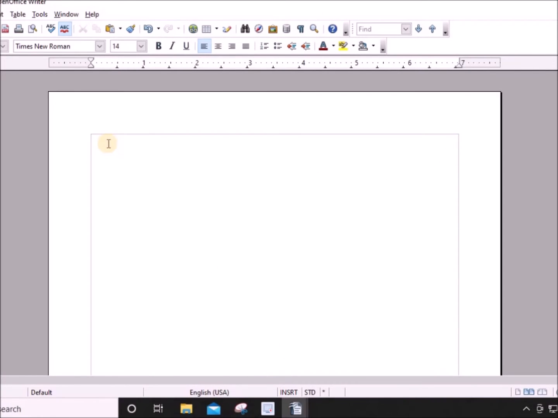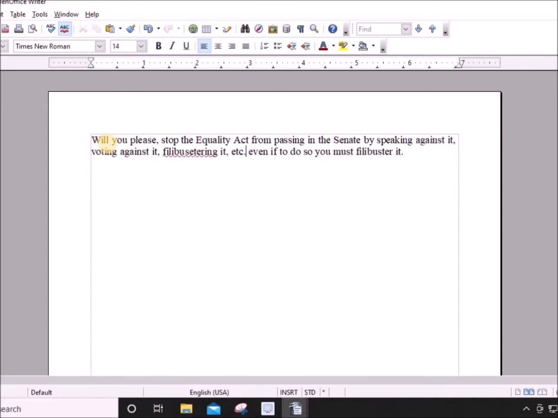One sentence that says what I want him to do. I will start with that. Will you please stop the Equality Act from passing in the Senate? Will you please stop the Equality Act in the Senate by speaking against it, voting. Now, will this be good enough?